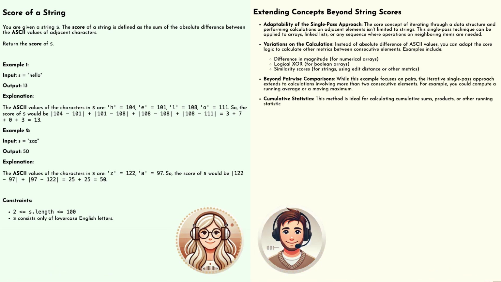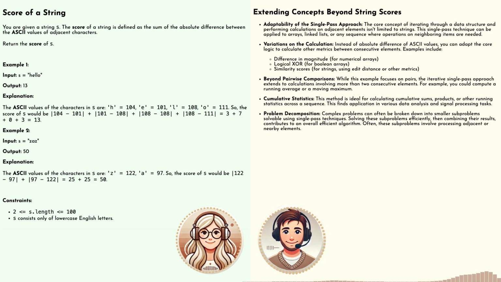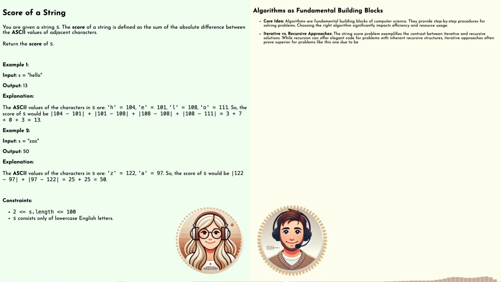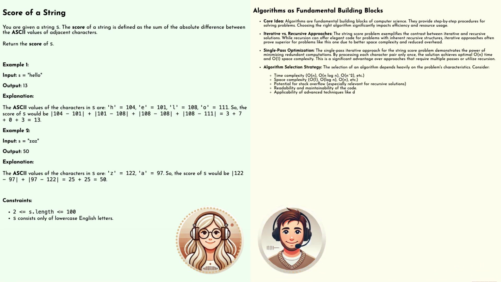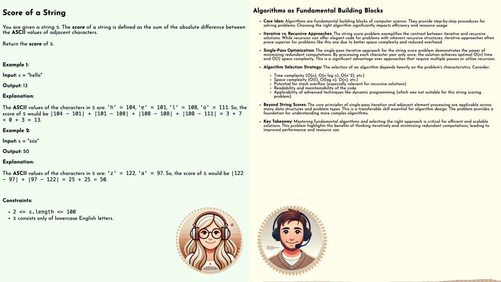Think about any scenario where you're dealing with sequences, with patterns, with cumulative calculations. The principles we talked about today can be applied in so many different contexts. That's the beauty of exploring algorithms, right? They're like fundamental building blocks that we can use to construct really elegant and efficient solutions to a wide range of challenges.